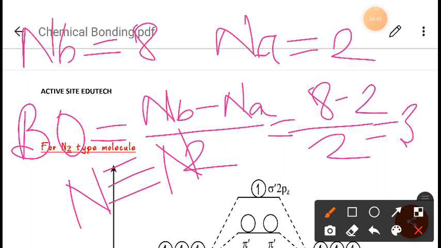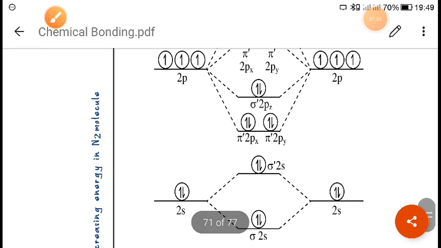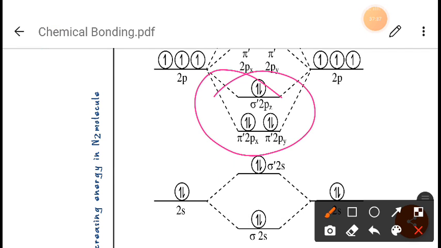The N2 molecule possesses all electrons paired, right? As you can see here, all the electrons are in pairs. Since the N2 molecule has all electrons paired, we can say it should have a diamagnetic nature, okay? Paired electrons mean diamagnetic in nature.